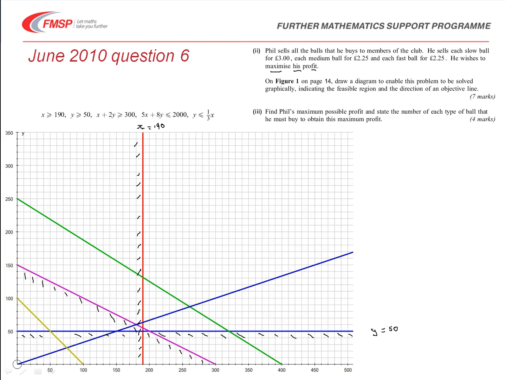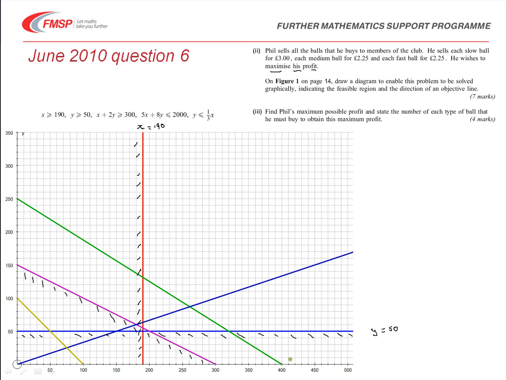Then we had 5x plus 8y is less than or equal to 2000. So again, the sort of values that fit here would be 5 times 400 would make 2000, so 400, 0 would fit. Or we could have 0 and 250 times 8 is 2000, so that's that point there.